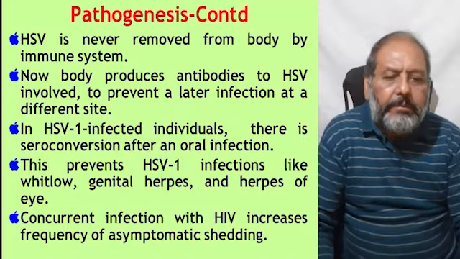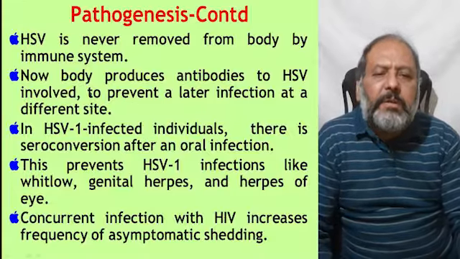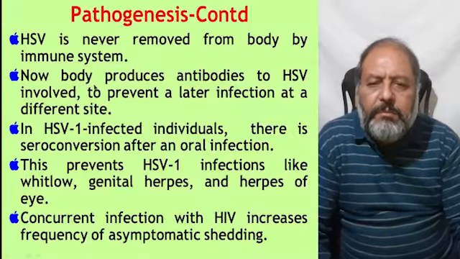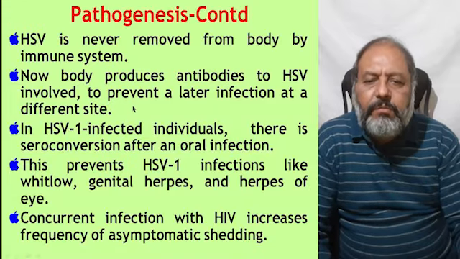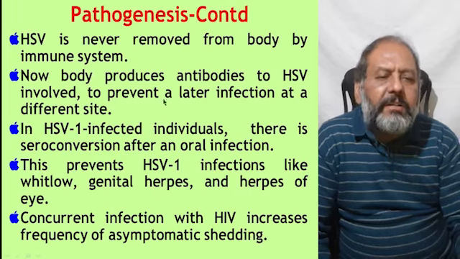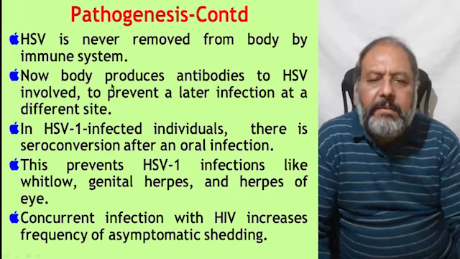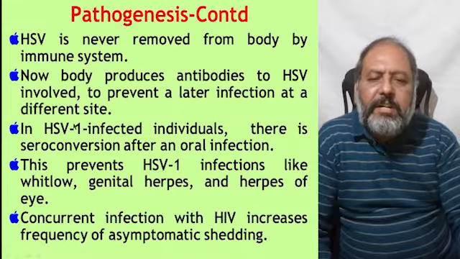nerve ganglion. Now, HSV is never removed from the body by the immune system. The body produces antibodies to HSV to prevent a later infection at a different site. And when the infection is there, the body produces antibodies.